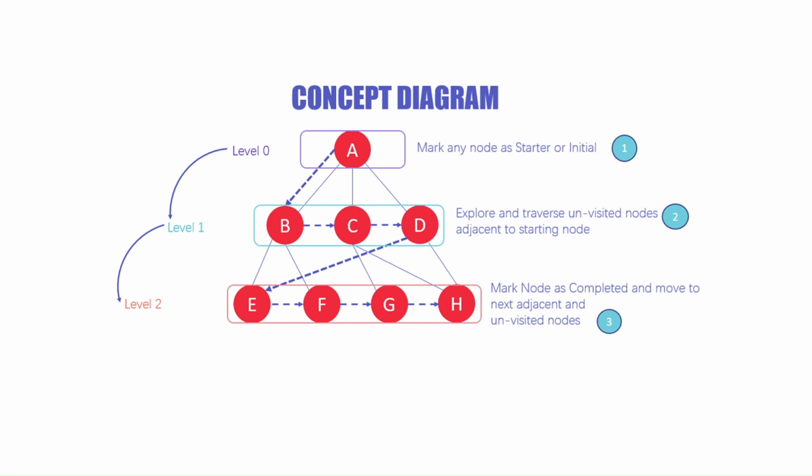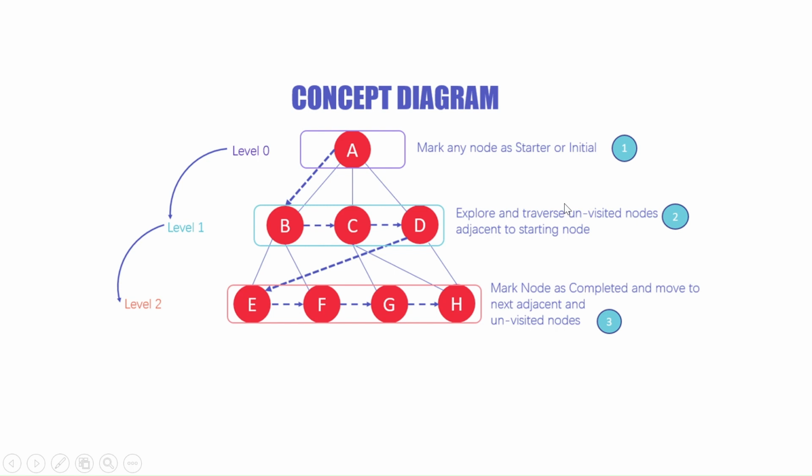If you are given the starting node as D, then it will consider D as the level 0 node, and A will be level 1, because A is the immediate adjacent of D, and H will also be considered level 1. In this manner the graph will work.